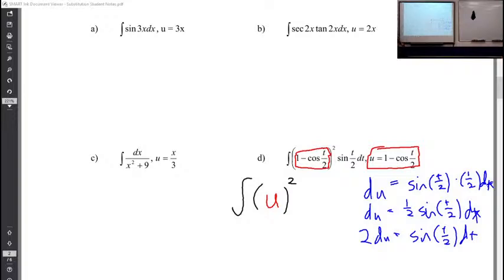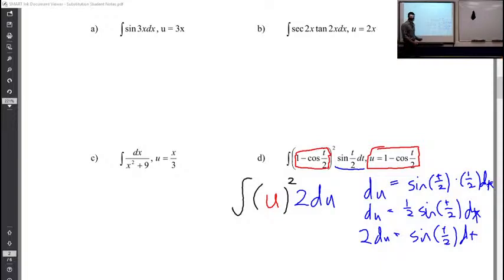Much easier to deal with the antiderivative of. And instead of sine of t over 2 dt, what is that going to be equal to? Well, that matches exactly with 2 du. So instead of all of this stuff with the sine and the t over 2 inside of the sine, now we just have 2 du.